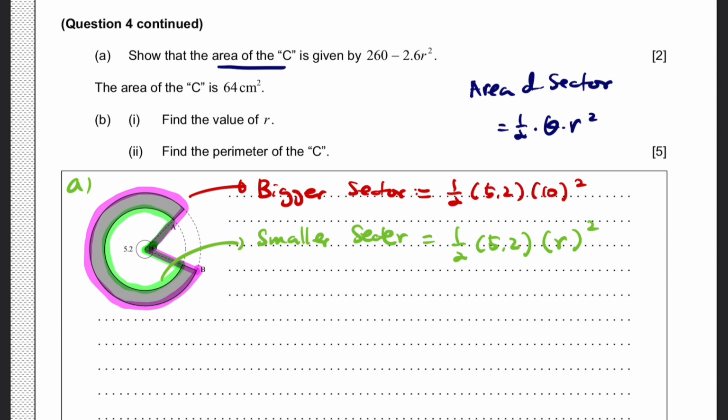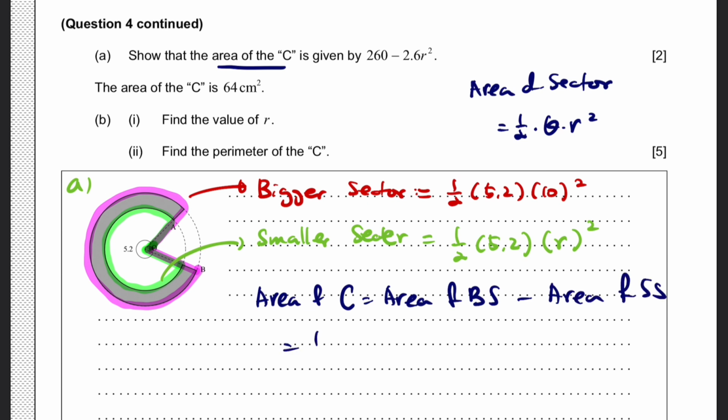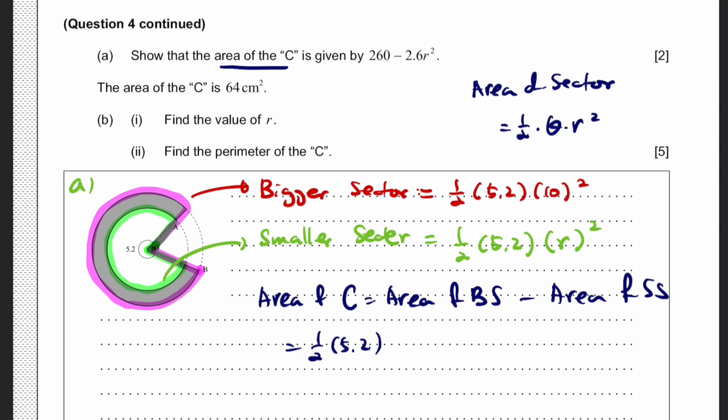Okay, then we can calculate the area of letter C by subtracting the area of the smaller sector from the area of the bigger sector. So we do 1/2 times 5.2 times 10 squared minus 1/2 times 5.2 times r squared.